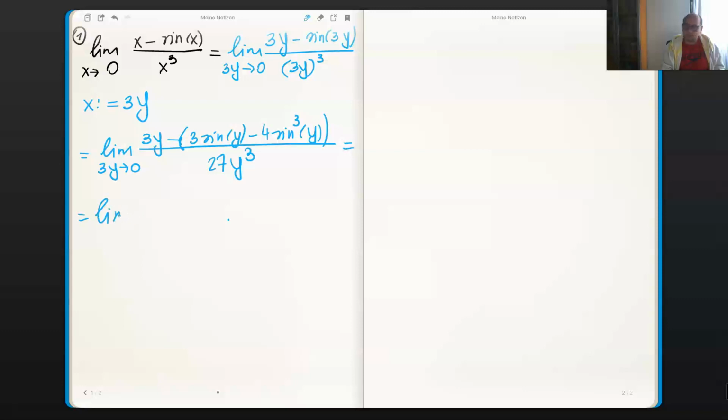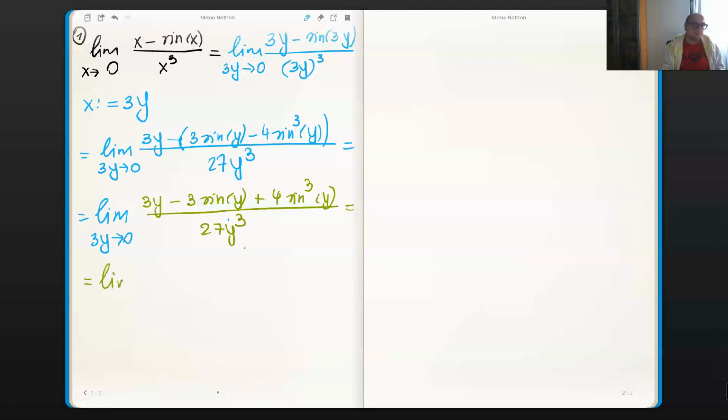I can always switch to y towards 0 because as y is running towards 0, 3y is running towards 0 as well. But you will see it doesn't matter actually. So we have 3y minus 3 sine of only y plus 4 sine cubed of y divided over 27y cubed.